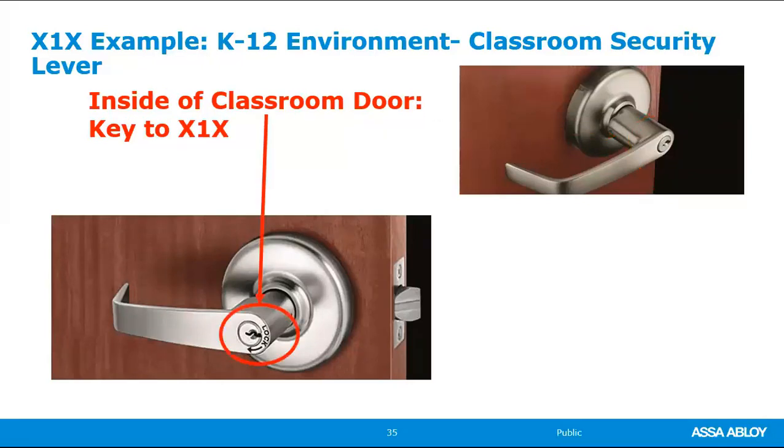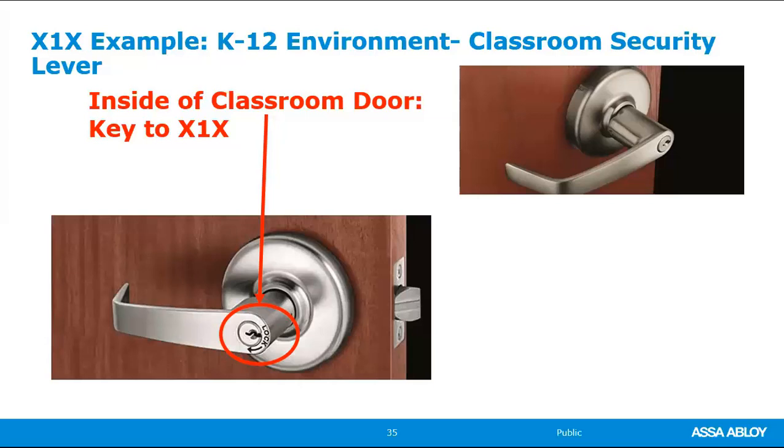However, the inside classroom door, this is not security. This is convenience. You would key this to X1X. I would want all keys in the system fitting the inside classroom door. The reason is, what if the teacher had to go to the bathroom? What if the teacher had to go run an errand in another part of the school and another administrator came in to watch their classroom?